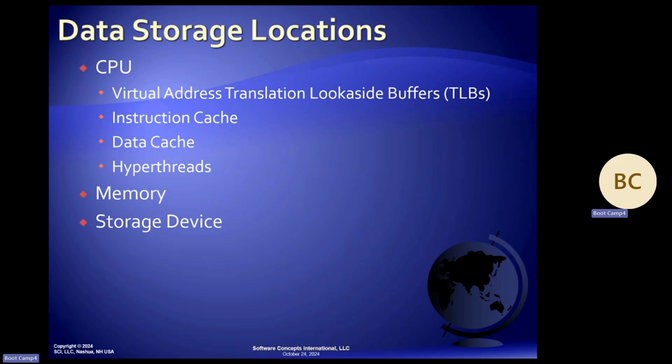Within the CPU, you may be looking at virtual address translation buffers. That's where we cache address translations for virtual addresses so we can get to them faster. We may have instruction cache for the instruction stream, data cache, and in the CPU, we may also have a couple of different hyperthreads running that have context of what's going on.